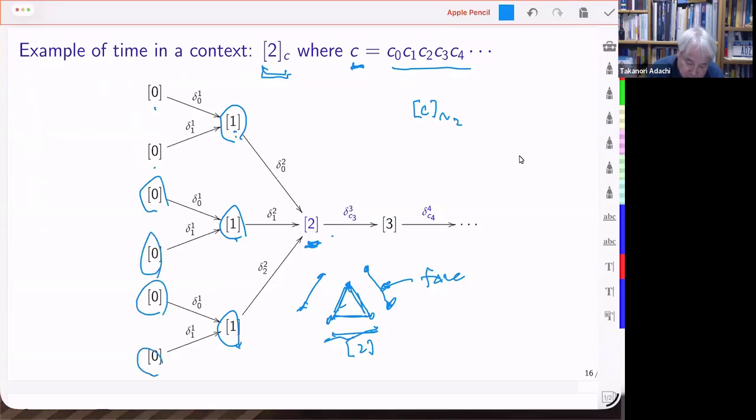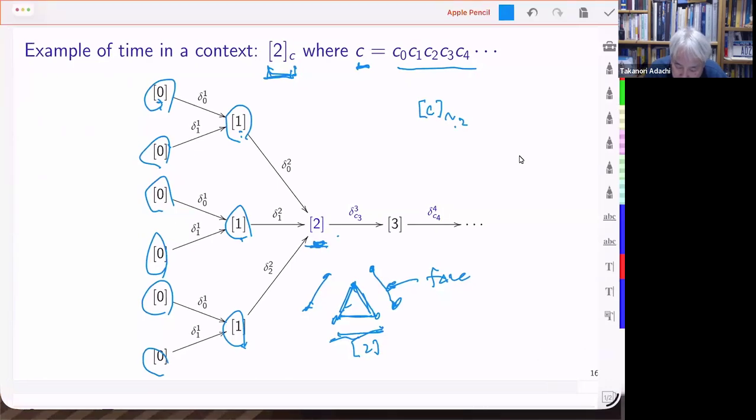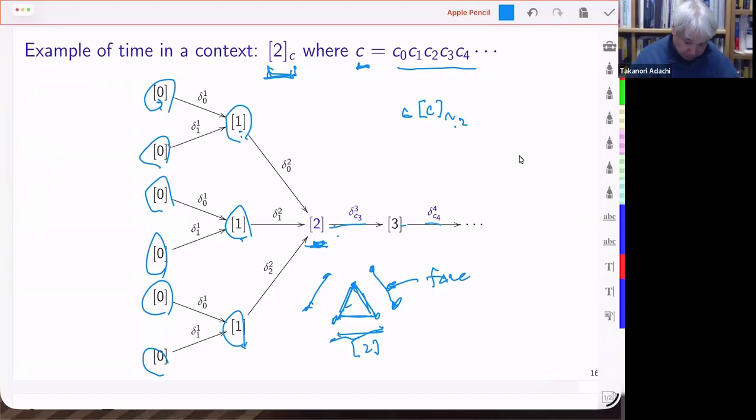Usually we only have the one zero-bracket or the one-bracket, but because our time depends on context, we have many zero-brackets or one-brackets. But from two, we only have a single path, because this is 2C, after time two, the other contexts belonging to this guy have the same path.